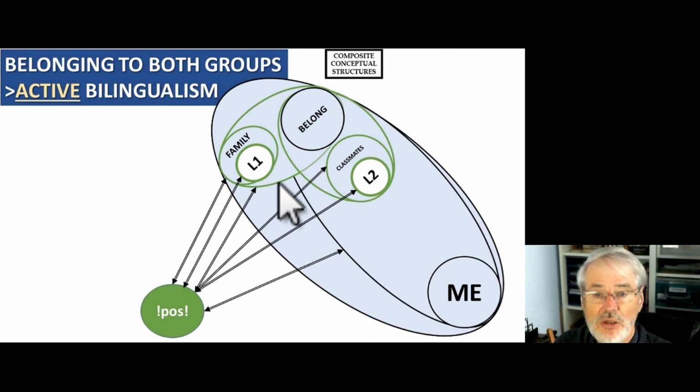So it will determine that I will generally use the first language, my home language, when I'm in the home context. So you see how we switch easily without needing any conscious decision between L1 and L2 as a result of different internal contexts.